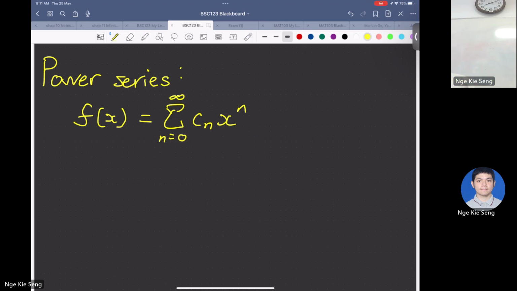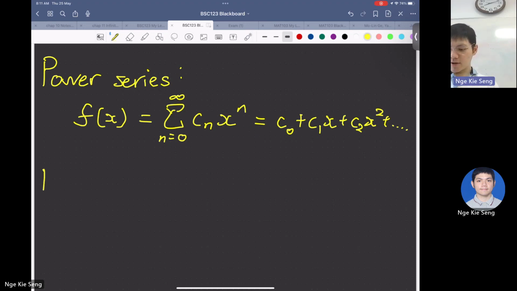Okay, so for example, c0 plus c1x plus c2x squared and so on. You don't need to copy. I will give you all the answer for Fourier series. Okay, you can try do practice at your home, but yeah, so you just listen. Okay, so we have this power series.